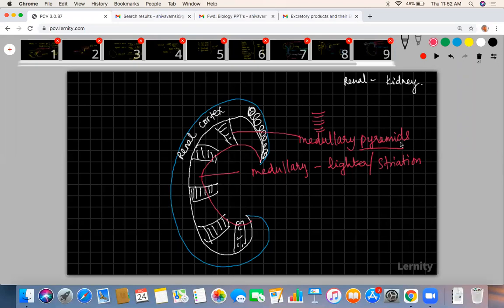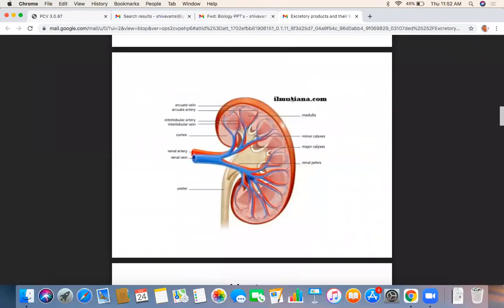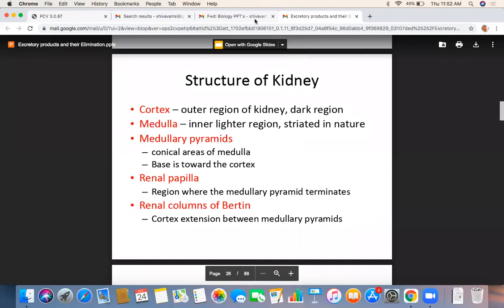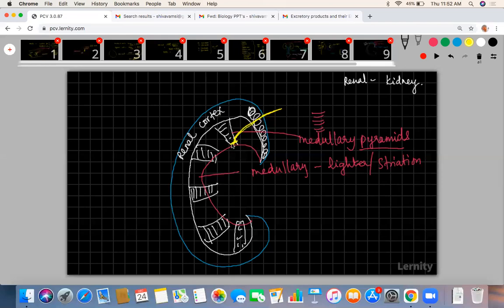The medullary pyramids will end in a region here. This region is called the renal papilla. The place where this medullary pyramid is ending is called the papilla.